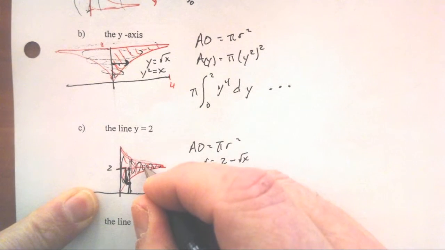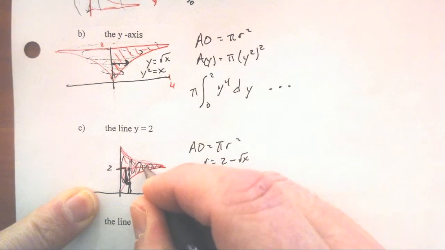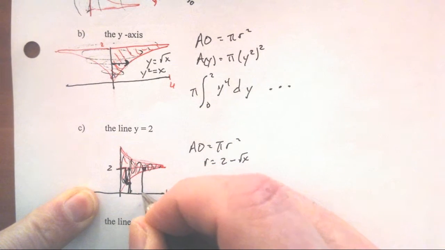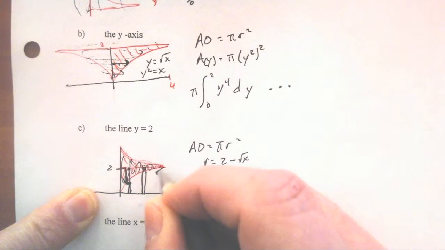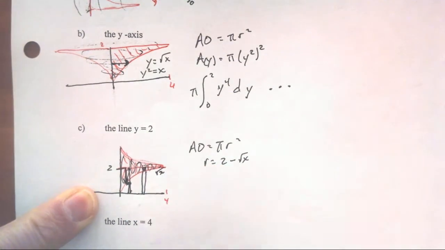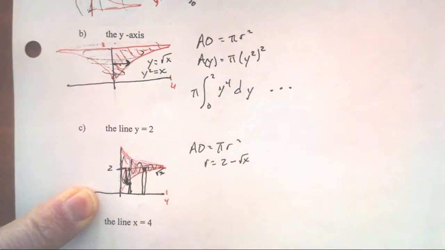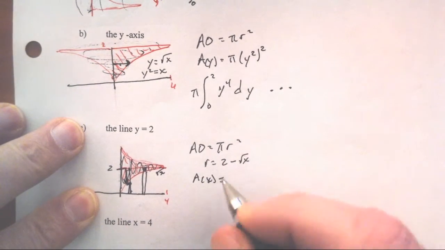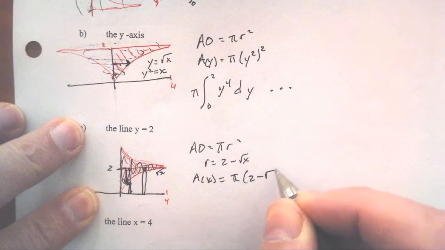Anywhere on here, my radius, right there, can be found by starting with 2 and subtracting that square root of x. And then we let calculus do the work for us from 0 to 4. So I get my area in terms of x is pi times 2 minus square root of x.